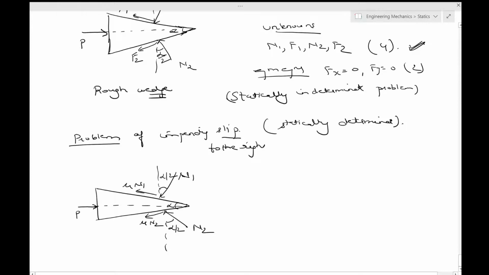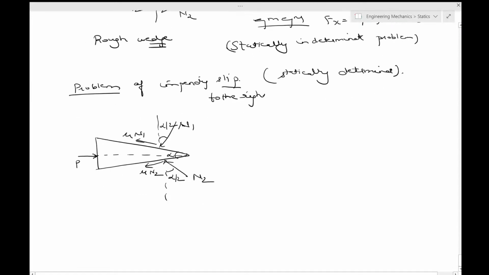Okay, fine. So let's see. Fy is equal to 0. This would imply N1 is equal to N2.